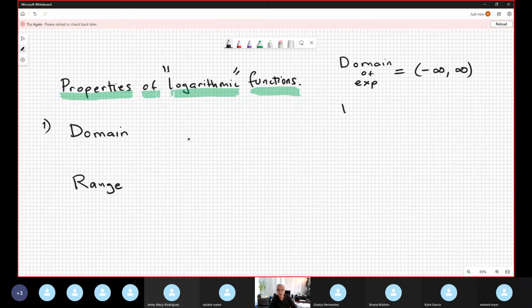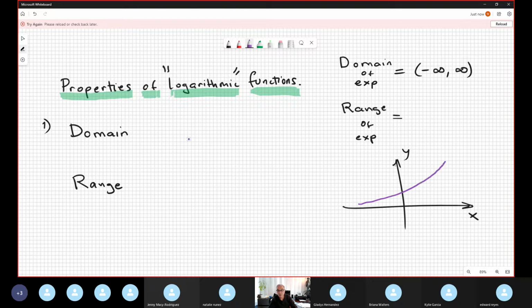However, the range, no. Why no? Well, the reason is because I suppose you remember a little bit the graph of the exponential function. It looks like that, right? Passing through the famous point (0,1), asymptotically, so we have here a horizontal asymptote at y = 0.